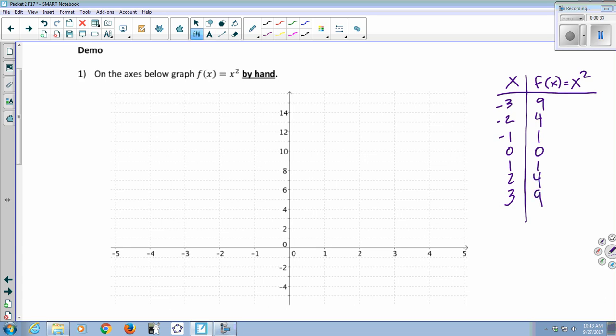Plot those points. Connect them with a nice smooth curve. And I've got the graph of f of x equals x squared.